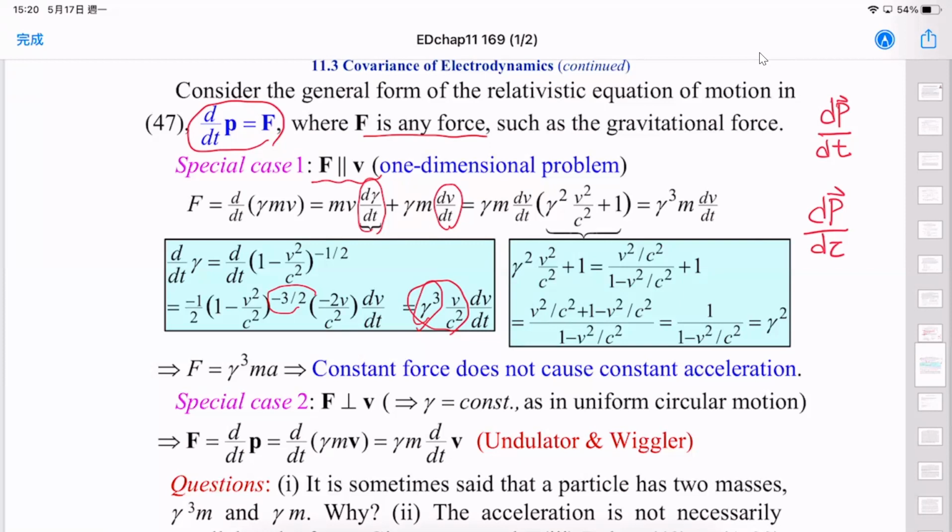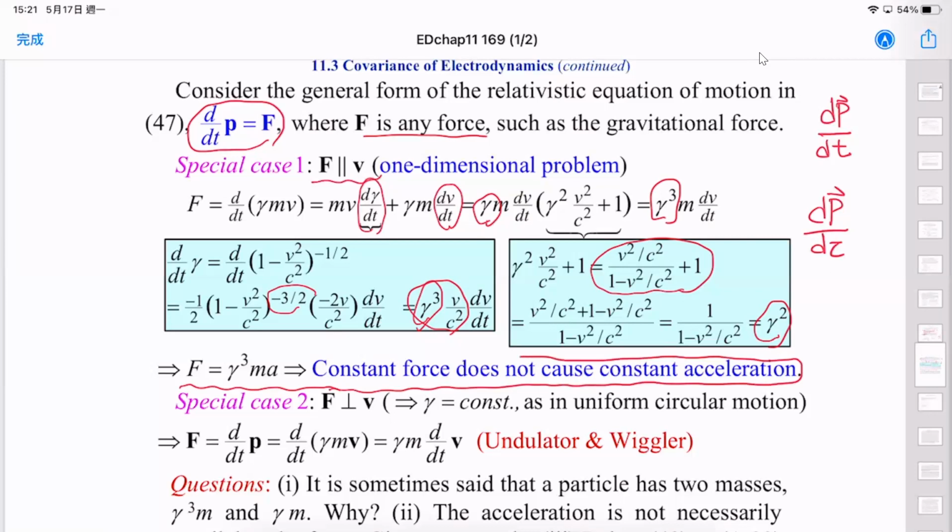So it's gamma squared times v squared over c squared plus 1. This will give us this one. So eventually we have gamma squared times gamma here. So we have gamma cubed. So for the parallel motion, constant force does not cause constant acceleration.